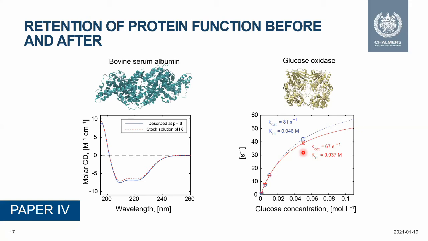So to do so, we used circular dichroism spectroscopy, which detects the secondary structure of proteins. We used this to verify that when BSA is desorbed from PMAA at pH 8, the spectra looks almost identical to the stock solution of BSA, confirming that the structure is preserved.